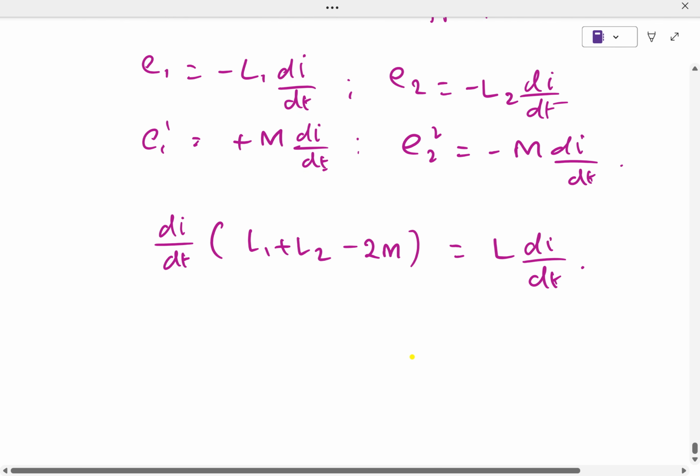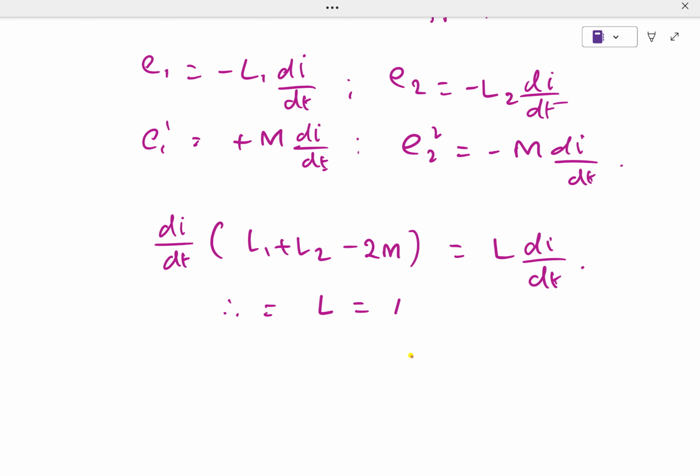So di by dt cancels on both sides. We can say therefore the total inductance in series when opposing in nature is L equal to L1 plus L2 minus 2M.